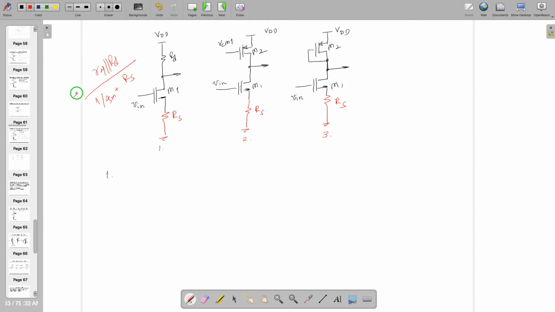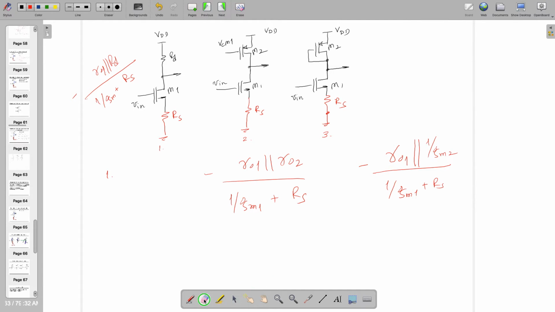What about the second one? Yeah, Sanskar. So it's simple. You have to add one extra resistance looking from here. So it's 1 by GM plus RS, and you have to look at the output impedance RO1 shunt with 1 by GM2, right?